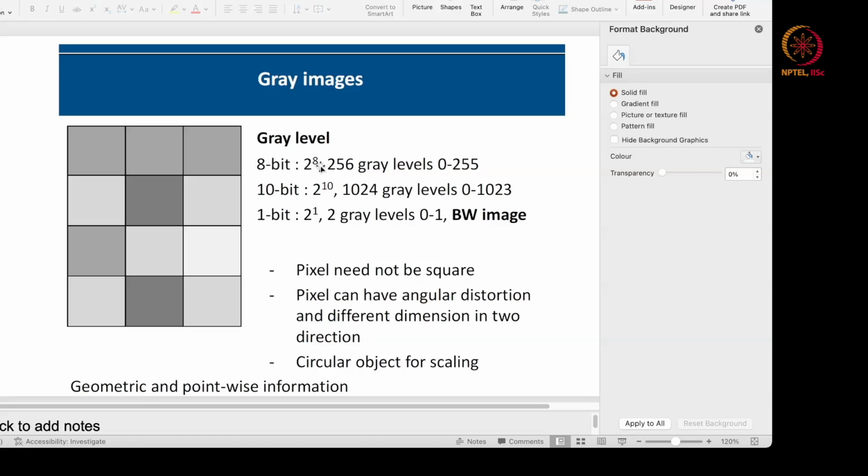Some high-end scanners can also scan with a finer intensity, so they can do 10-bit, 12-bit or 16-bit to represent the intensity values. That makes it possible to go up to 1024, 4096, or even 65536 different gray values.